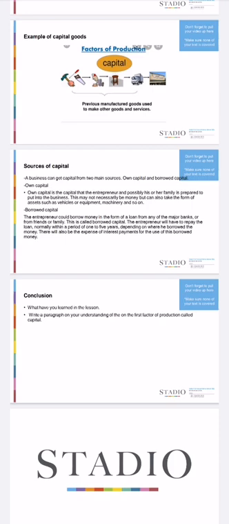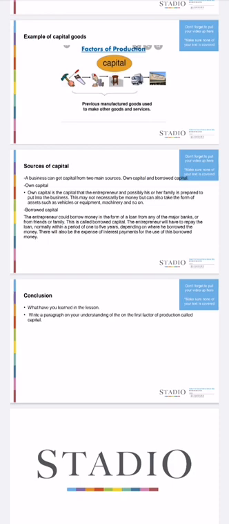To conclude this lesson, I would like you to write a paragraph on your understanding of the first factor of production, which is called capital. The paragraph should be about 100 words in length. My initial activity for the lesson was the think, pair, share strategy.